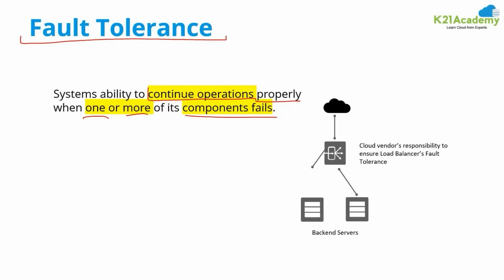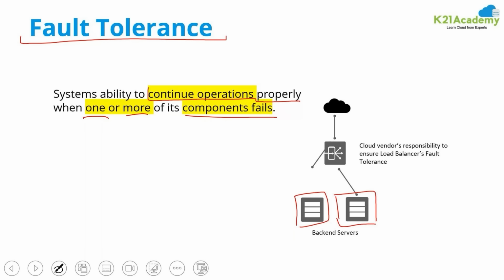For that, you will be running two or more backend servers. Let me explain in layman's terms. Suppose your application was running on one server. You created a replica of this server and created one more. So there will be server 1 and server 2 running, and on both of them your application is there.